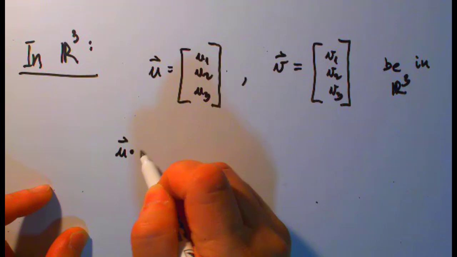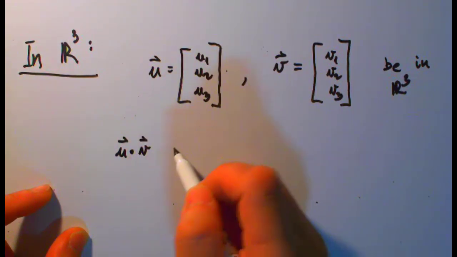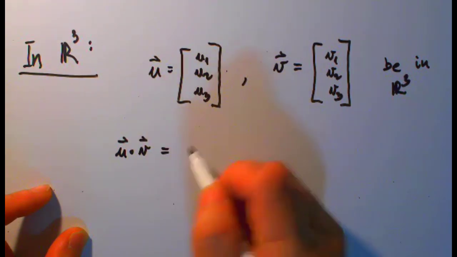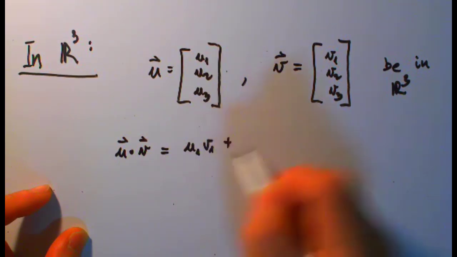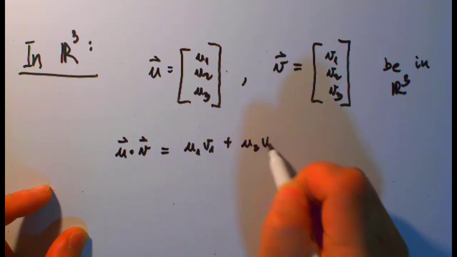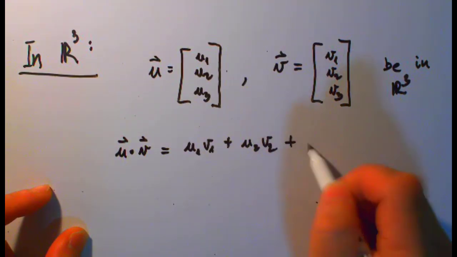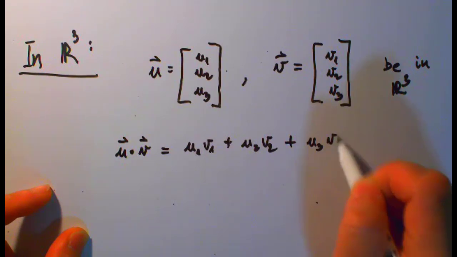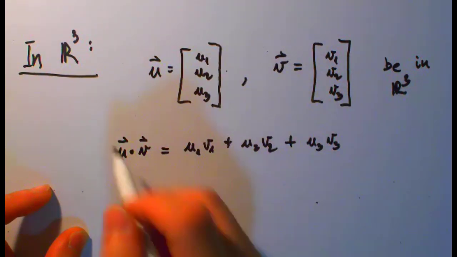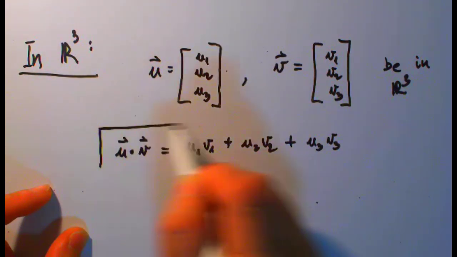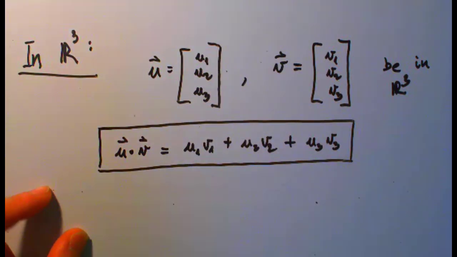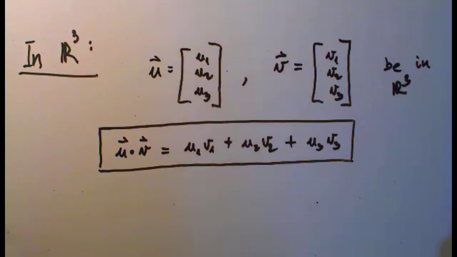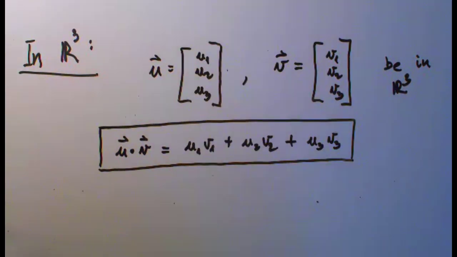Similarly, the dot product between two vectors u and v is done by u1 times v1 plus u2 times v2 plus u3 times v3. And there we go. We have another definition for how we can take the dot product between two vectors in R3. So now let's do a couple examples.